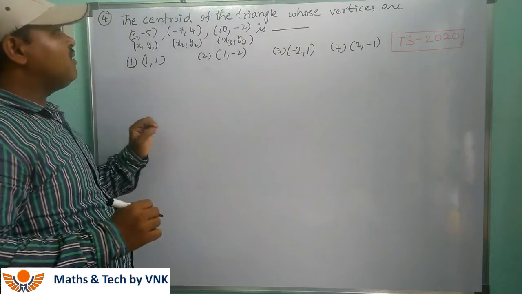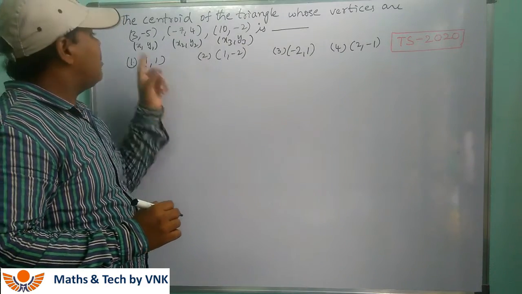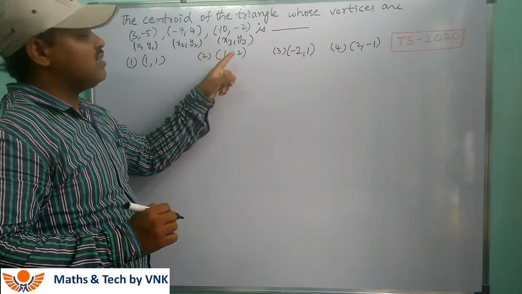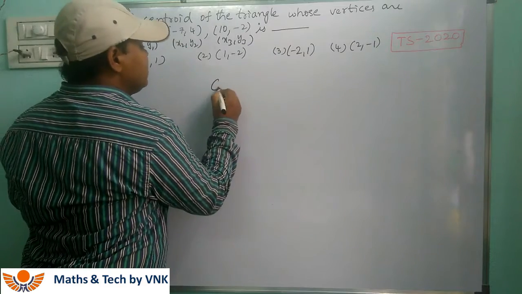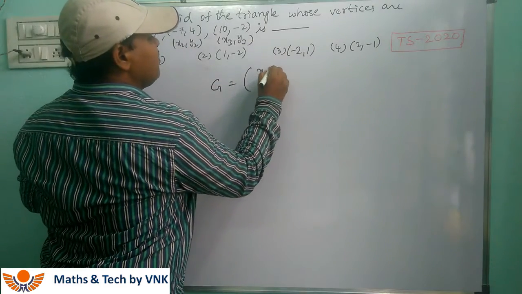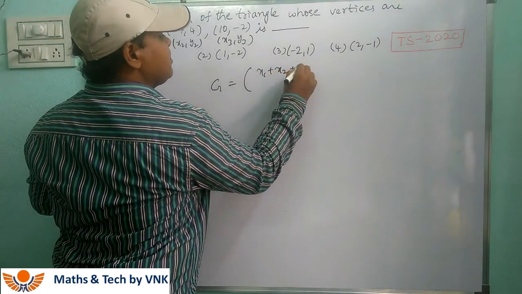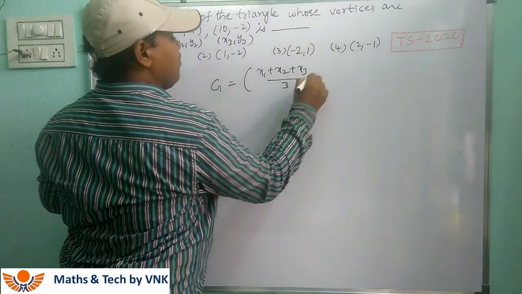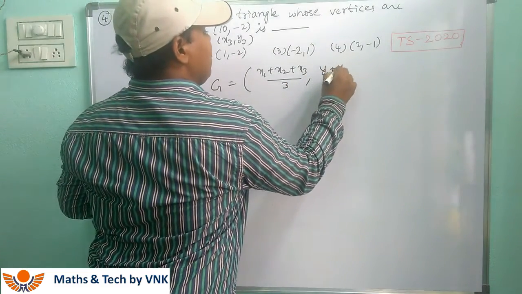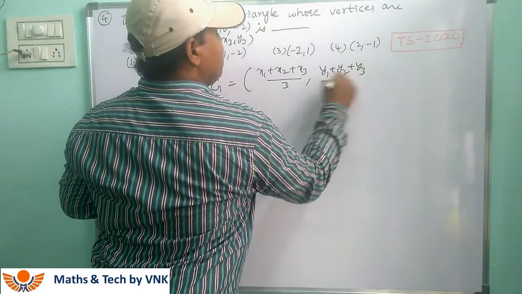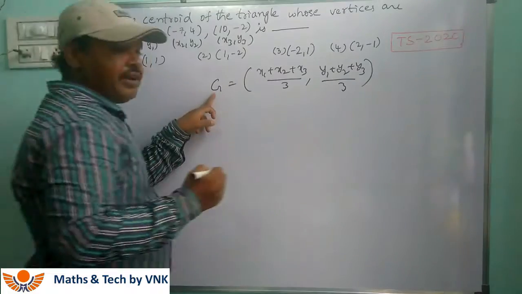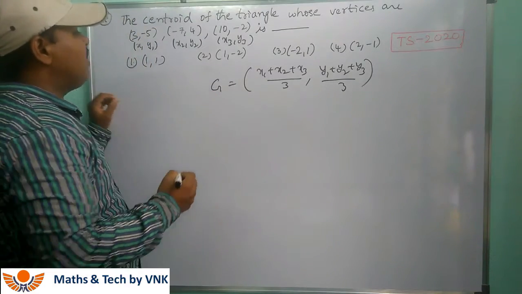Now the centroid of the triangle whose vertices are x1 y1, x2 y2, x3 y3 is G is equal to x1 plus x2 plus x3 by 3 comma y1 plus y2 plus y3 by 3, where G is the centroid of the triangle. Now substitute the values.